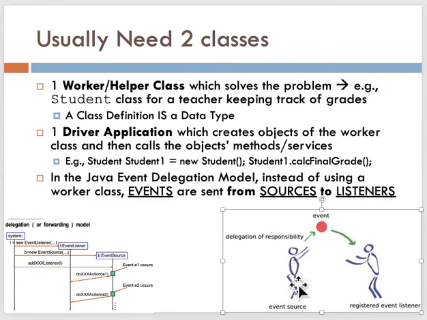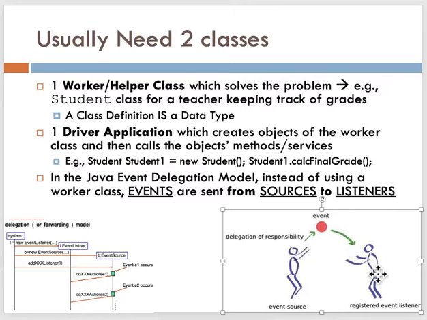So the event source is the object like the JButton, some component. It throws an event, it generates an event, and that event is sent to another object, and this object is of type listener.